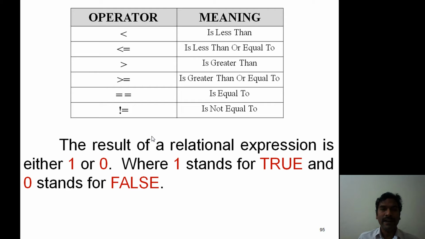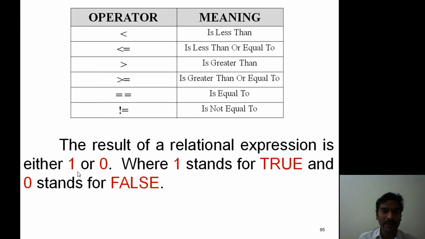When a relational expression is executed, the result is either 1 or 0, where 1 stands for true and 0 stands for false. That means when the relational expression is executed, it prints the result value as either 1 or 0.